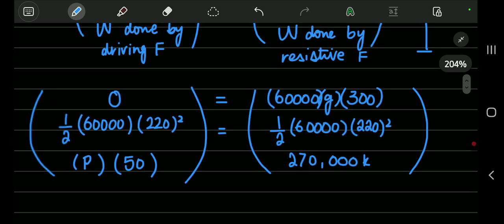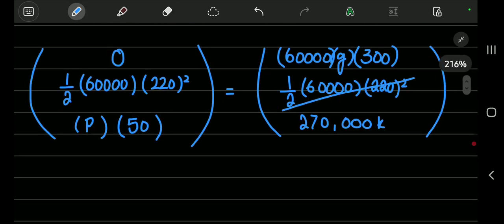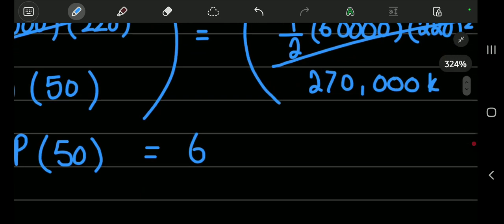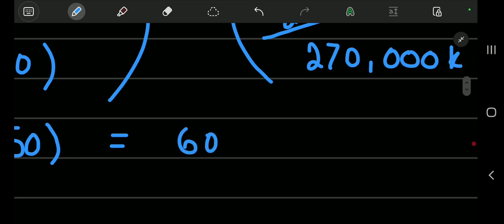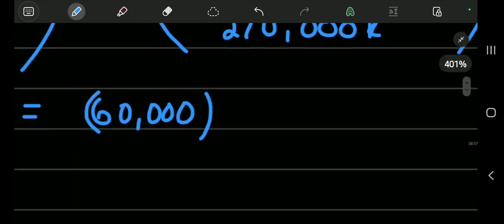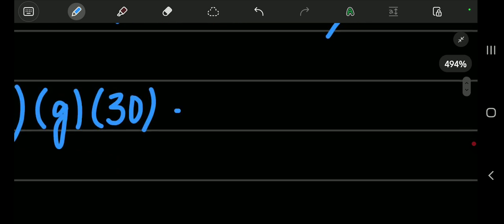So when you will be solving it, this and this will be cancelled out, because before and after kinetic energies are the same. P times 50 becomes equal to 60,000 times g times 300 plus 270,000 k.